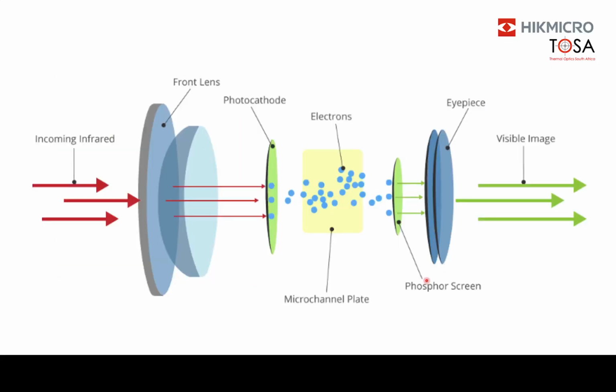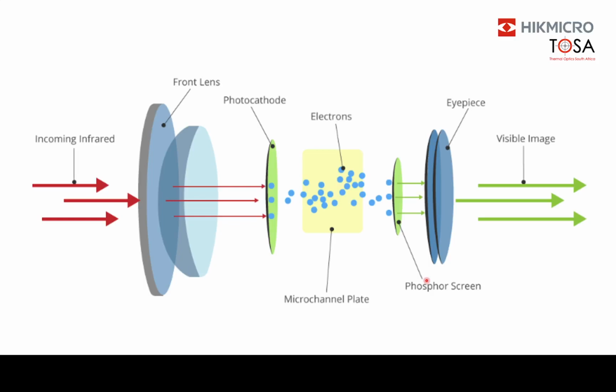Right, so how does it work? This is a graphic of what it physically looks like inside. On the left hand side, you see those red infrared coming through to a front lens. Now this front lens in our case is coated with a germanium coat. Germanium is one of those elements on the periodic table.